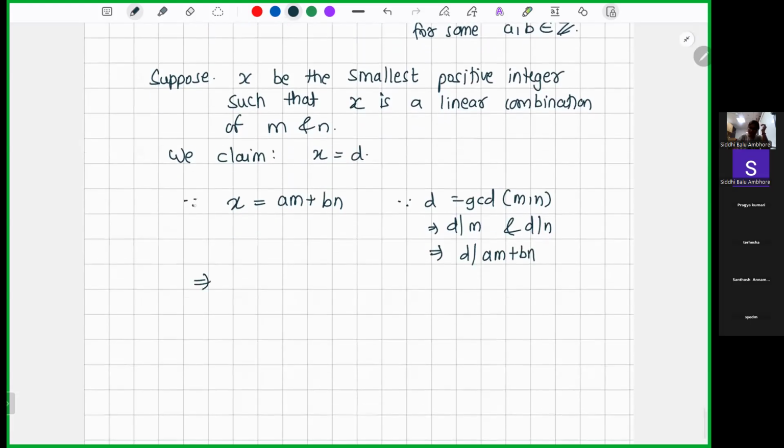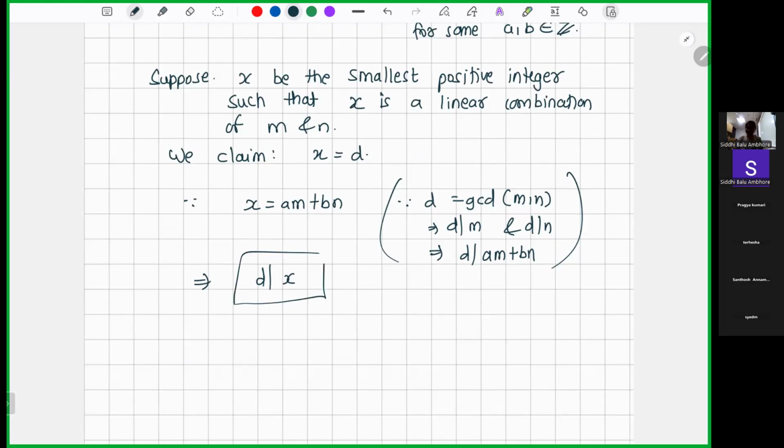And since x is this and we have this observation, I get that d divides x, right? This is clear. And then I get x is equal to Am plus Bn for some A, B. And I have this property.